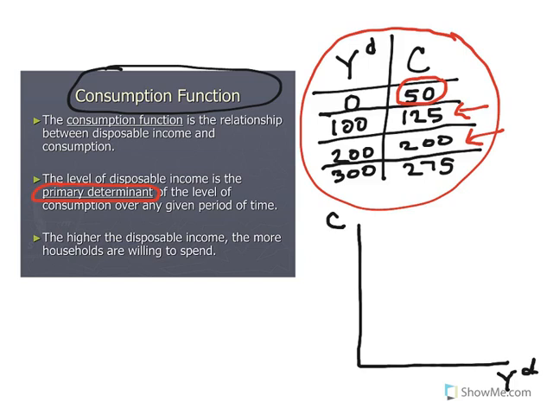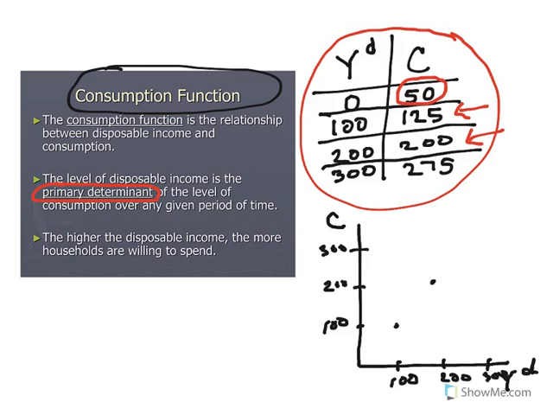Normally the first thing that we do is draw a 45-degree line. The 45-degree line is going to show you all the points where consumption actually equals disposable income. If I was actually spending all the money that I made, then I would be along that 45-degree line.